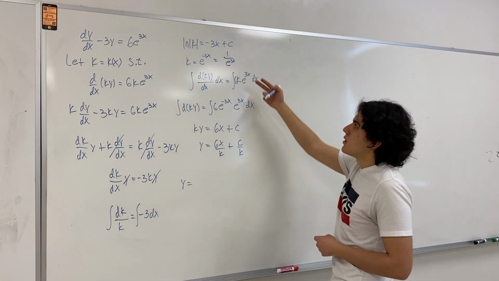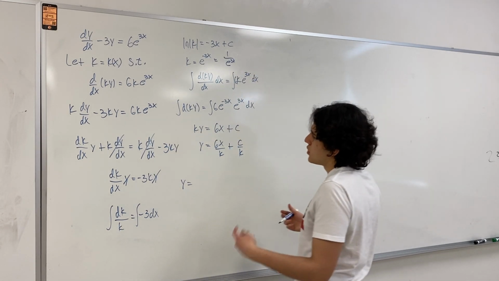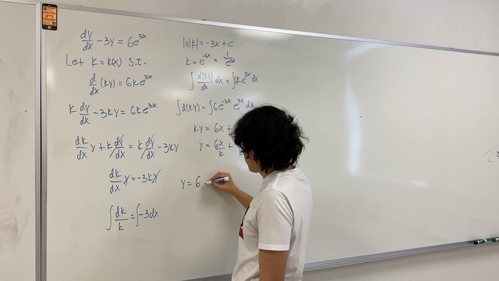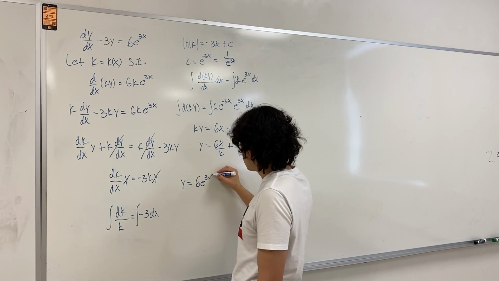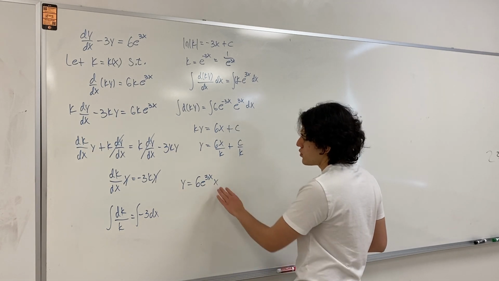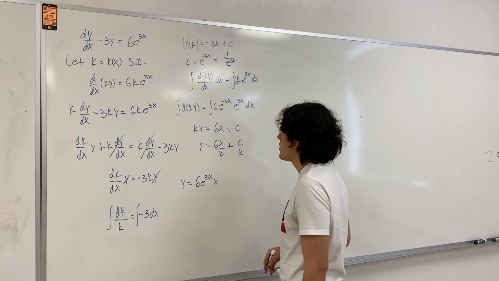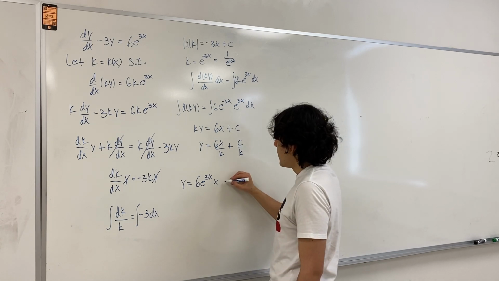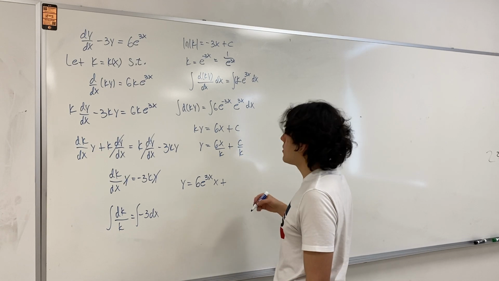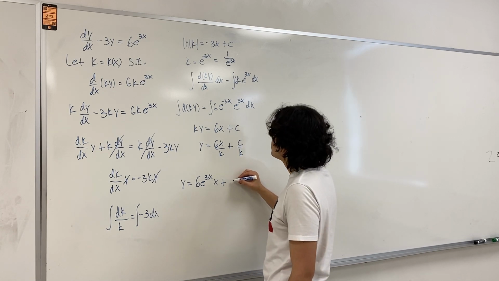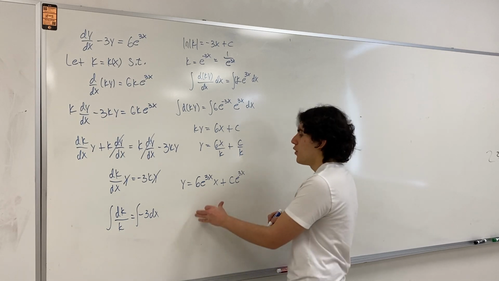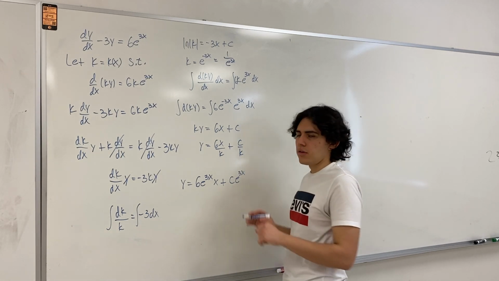And if we take the reciprocal of this quantity, which is the same as 1 over k, then we have 6 e to the 3x times x. Okay, that's an odd way to write it. I should have put the x before the e, but whatever. And then we have the same thing here. We have c times 1 over k, which is going to be the same as c times e to the 3x. Now this is our solution. This is our general solution.